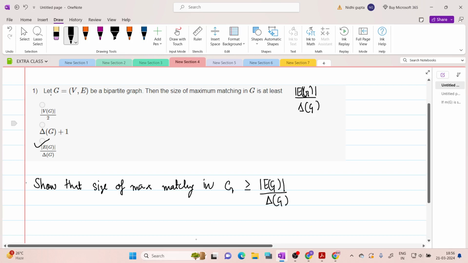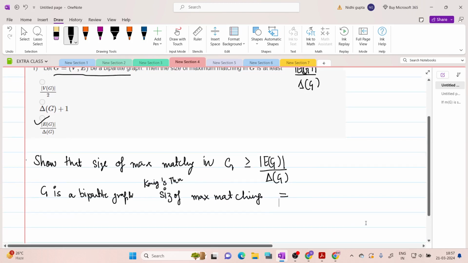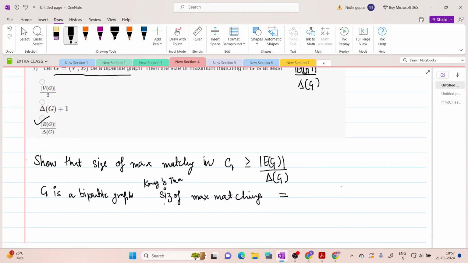First of all, we are given that G is a bipartite graph. So do we have any theorem which says something about the size of maximum matching? What does Koenig's theorem say? The size of maximum matching in a bipartite graph is equal to the size of minimum vertex cover.